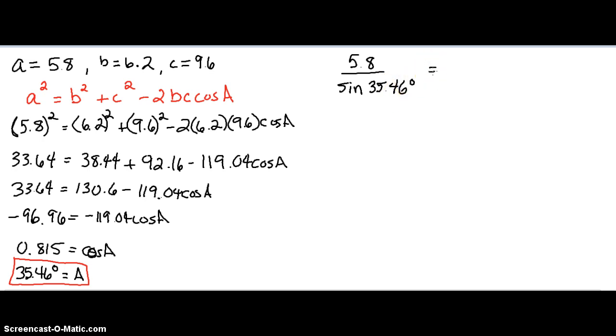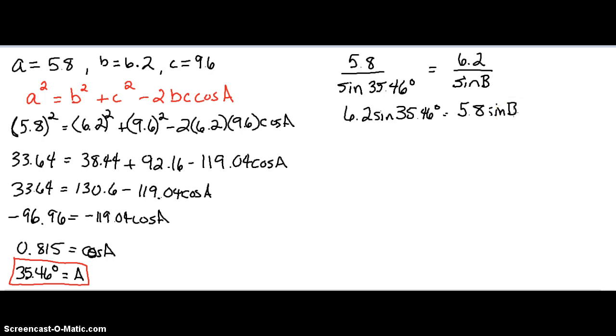And that's going to be equal to, let's solve for angle B, 6.2, because that's the corresponding side, over sine of B. So I'm going to cross multiply these two things, and I'm going to have 6.2 sine of 35.46 degrees is equal to 5.8 sine of B.